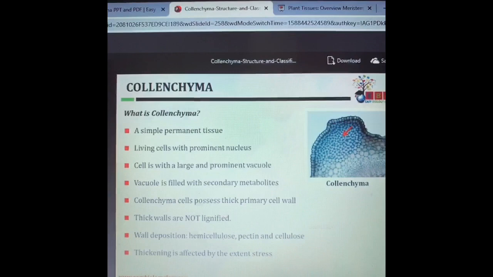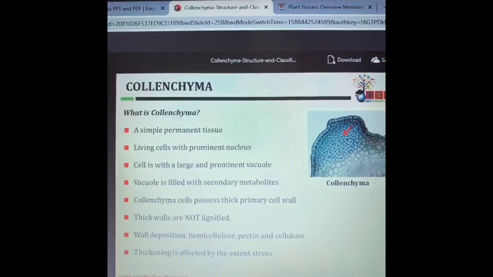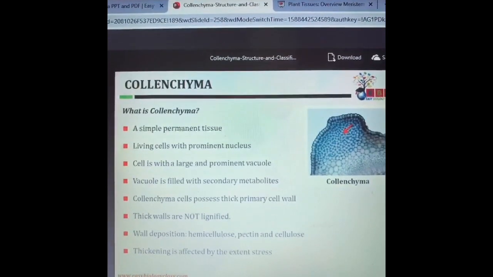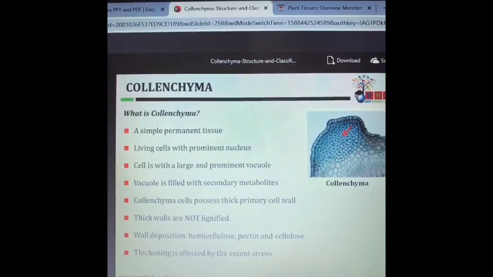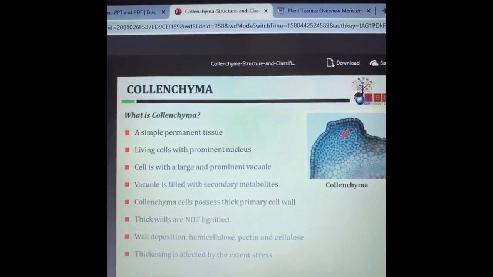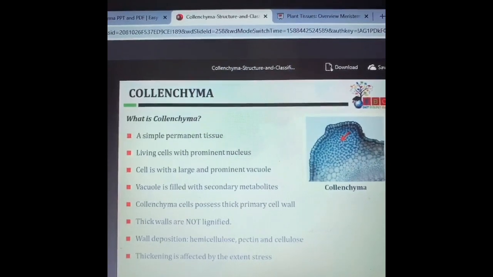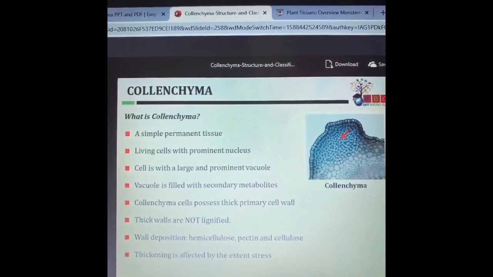I told you the cells are isodiametric, so at the corners you will find a little bit of thickening. The intercellular spaces are lesser compared to the parenchymatous tissues. The cells are elongated but appear oval, circular or even angular in transverse sections.